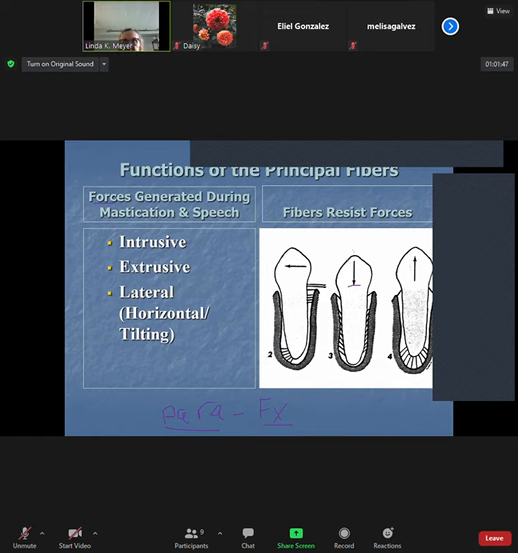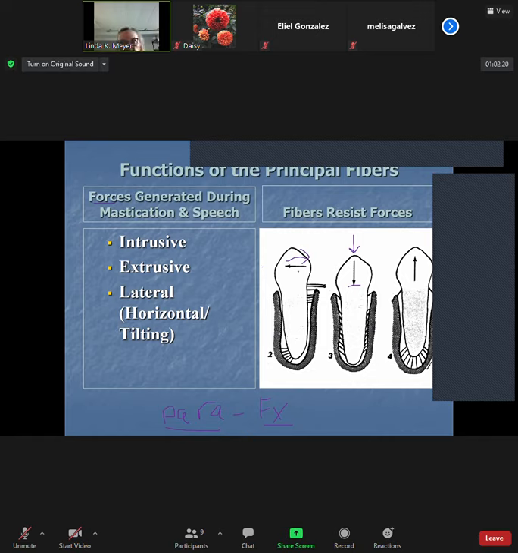And when we are chewing, you may think that we mainly have these intrusive forces, but there are actually horizontal forces. It could be in the direction of the arrow, or in the opposite direction. These are what we call lateral, horizontal, or tilting forces, forces acting in a horizontal plane.